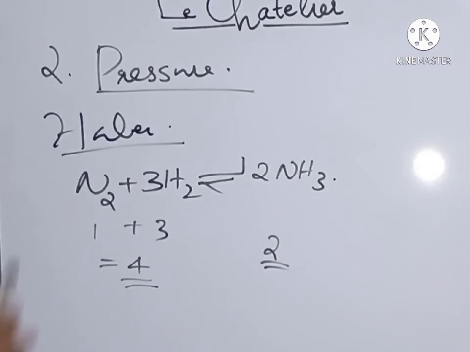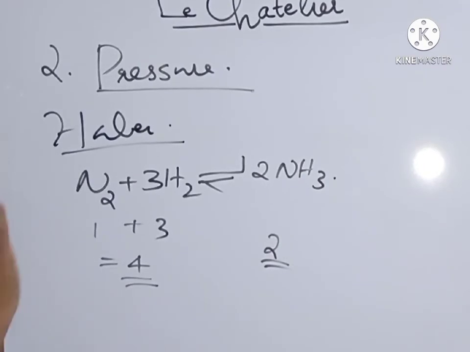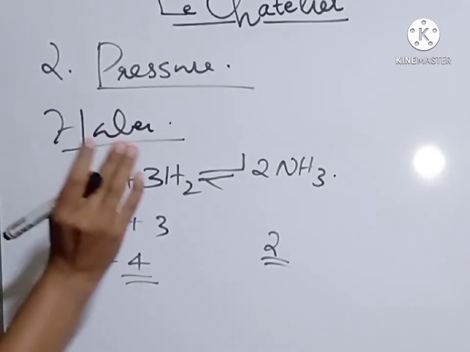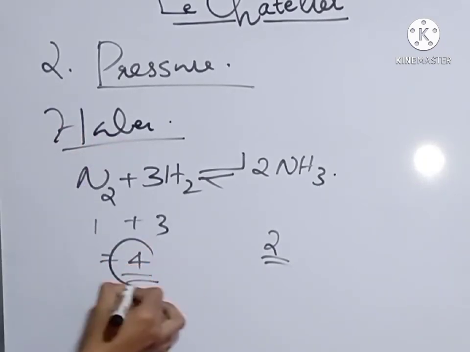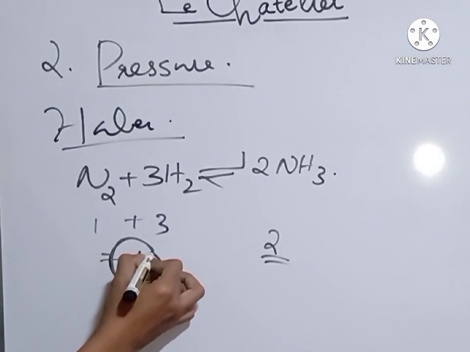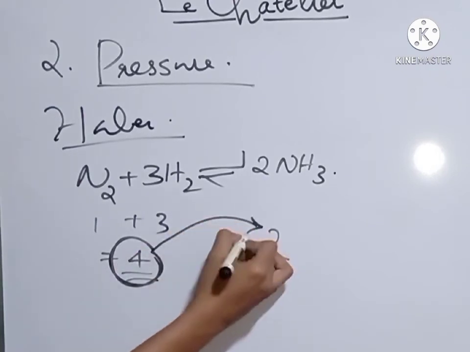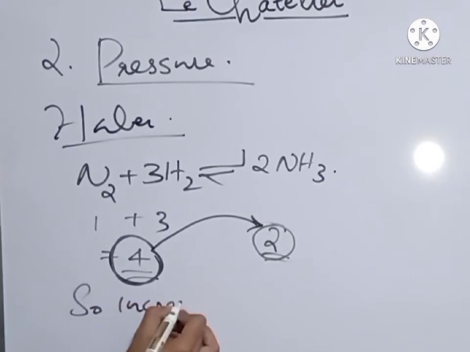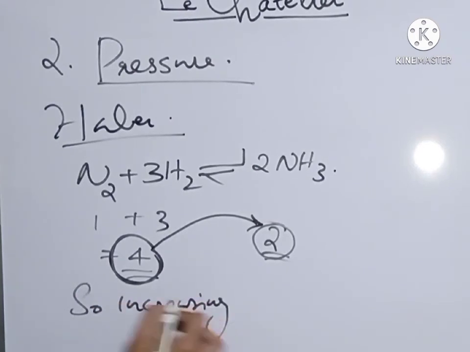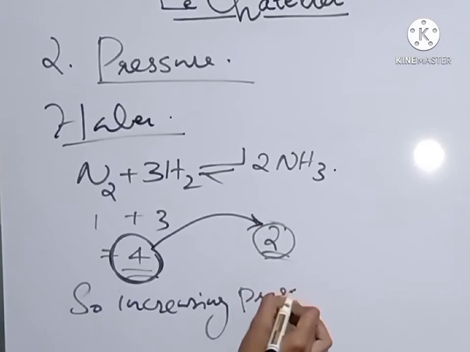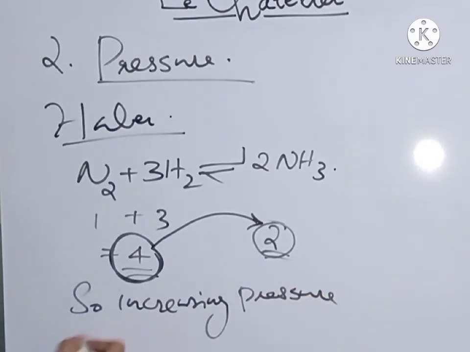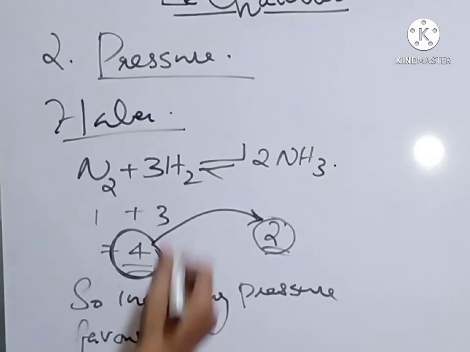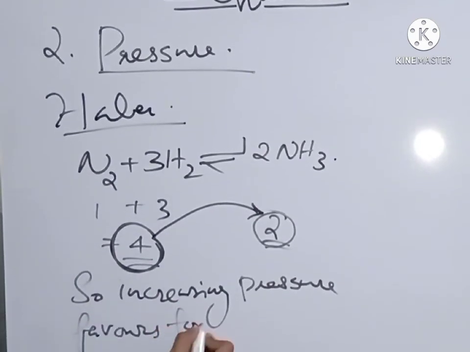So, when pressure increases, the equilibrium shifts towards the direction in which the number of moles is less. That is, equilibrium shifts from reactant side to product side. So, increasing pressure favors formation of NH3.